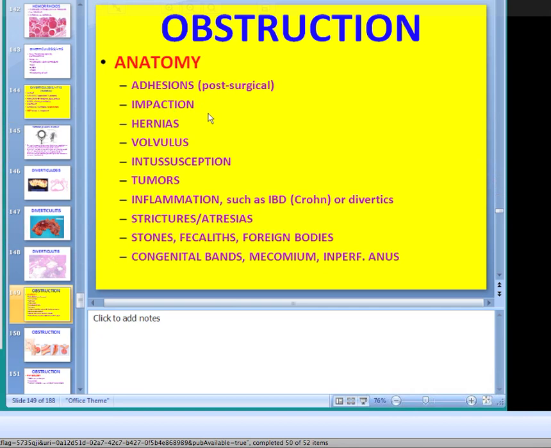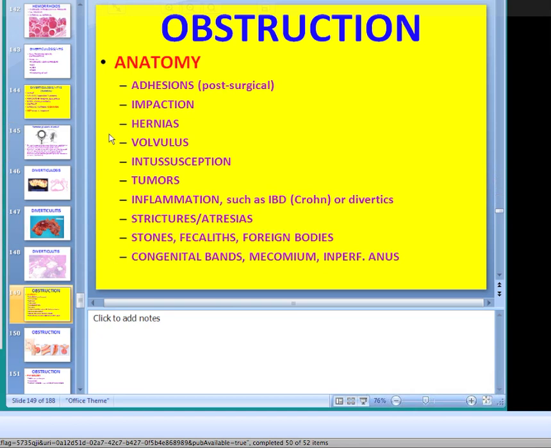If you have impaction with feces, older people, very, very common, that can obstruct. You got a big ball of hard poop there. It's not letting anything else through. Herniations of bowel, from all the reasons. If you herniate a significant part of the bowel, you can obstruct it that way. You can have a volvulus or a twisting of the bowel on its long axis.